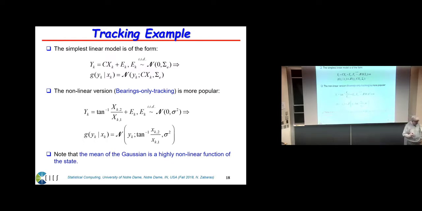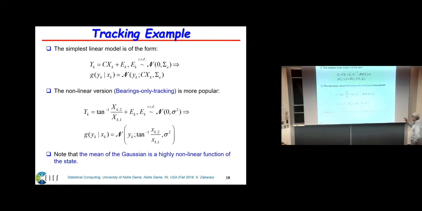So this problem becomes, again, a nonlinear problem that requires special attention to do it right. The dynamics you can keep exactly as we discussed in an earlier slide. You can have linear dynamics, but the likelihood here is nonlinear.